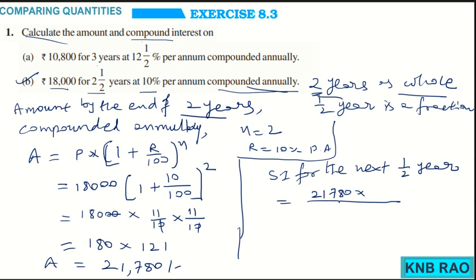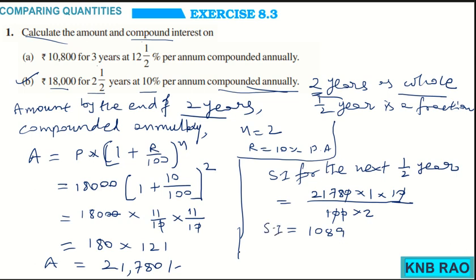So, 21,780 into time is half, that half 2 will come down in the denominator, rate is 10%. So this 0 will cancel, and now this 0 will cancel with this, and 2178 by 2 is 1089 rupees is the simple interest.